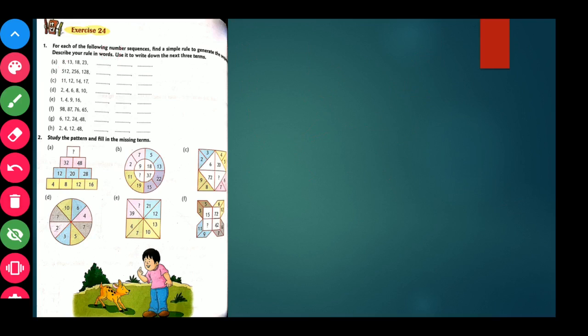Now the question number B is 512, 256, 128. Here the numbers are gradually decreasing. Here 256 is half of the 512. Means when we divide 512 by 2, we get the answer 256.